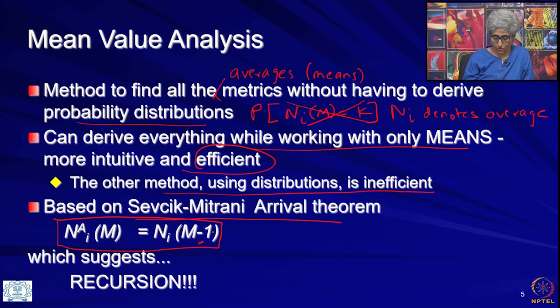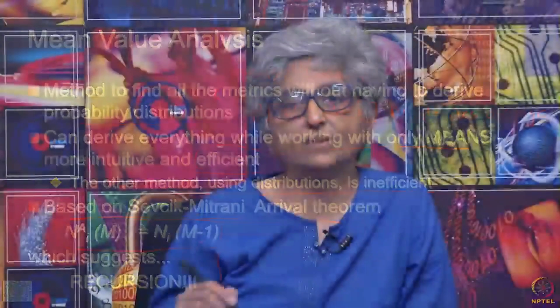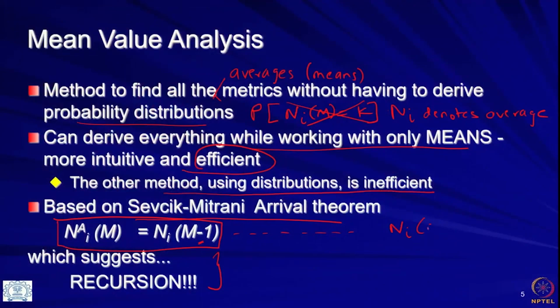It should be very intuitive at this point that this relationship suggests a recursive method to get your metrics. When something at load level m can be expressed as some other metric at load level m minus 1, one hopes that this can continue, and maybe we can find what N_i(0) is.